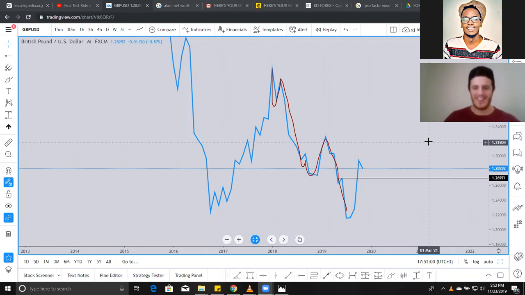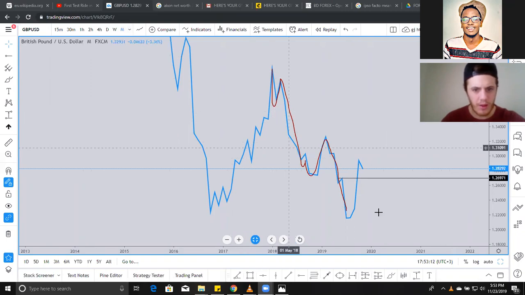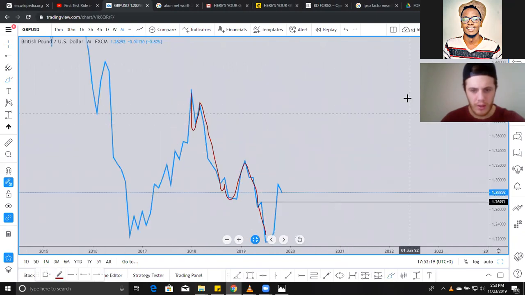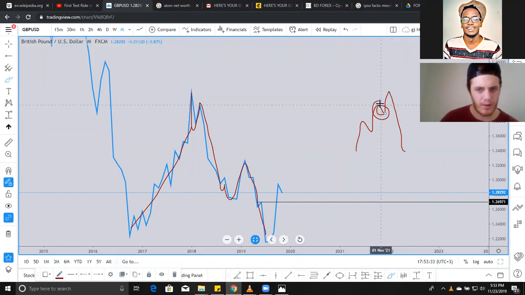Since we have invalidated this trend, we can eventually expect price to come back to test the last highs and lows which were broken to form this downtrend. If we look at this previous uptrend, to invalidate it we break below these previous highs and lows.